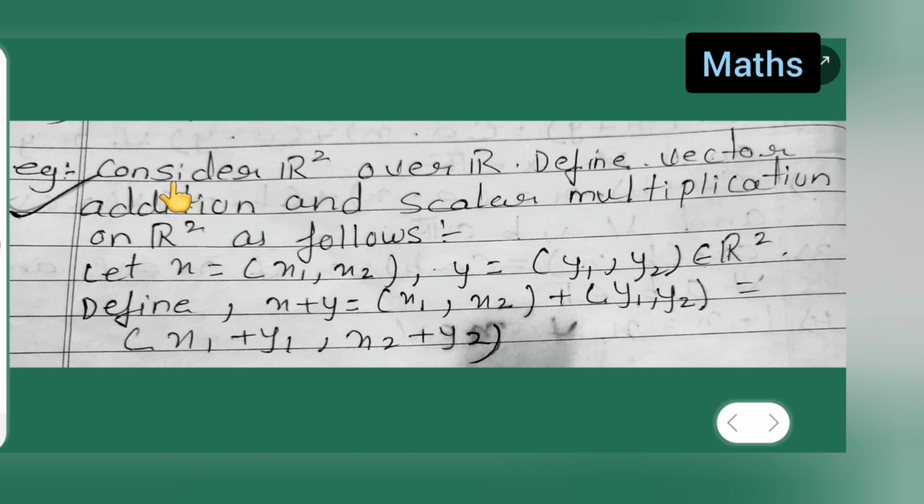Now the next example is to consider R2 over R. Define vector addition and scalar multiplication on R2 as follows. In this, let x is equal to x1, x2 and y is equal to y1, y2 belonging to R2. Now I am defining x plus y is equal to (x1, x2) plus (y1, y2).